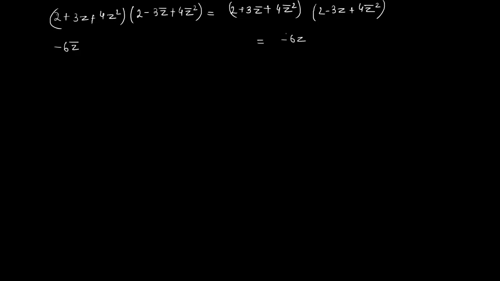Here 4 times 2 is 8z bar square, and here also 8z bar square, so this term also will be cancelled.